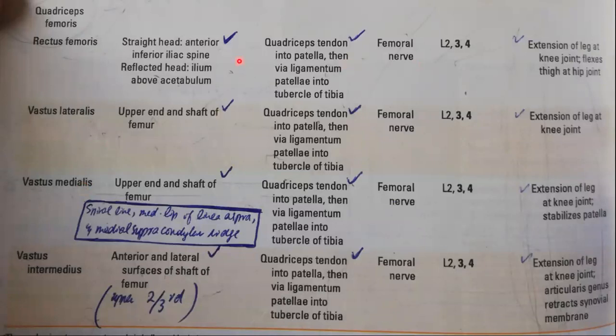You can note that in the quadriceps muscle, the nerve root value is the same, and the action performed by all these muscles is also the same, that is to extend the leg at the knee joint. Their insertion is also the same, that is upon the quadriceps tendon into the patella and then via the ligamentum patellae into the tubercle of the tibia. I will show you in a while in a diagram.